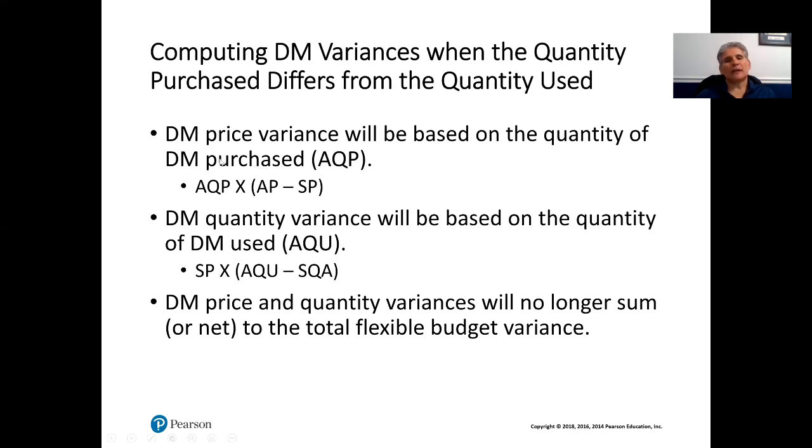Purchased will apply to the price, used will apply to the quantity variance. When that occurs, the direct material price and quantity variance will no longer sum or net to the total flexible budget variance. So that kind of makes it a bummer. We can't double check things, because when the amounts used and purchased are different, we're not going to be able to use the flexible budget total to verify the numbers.